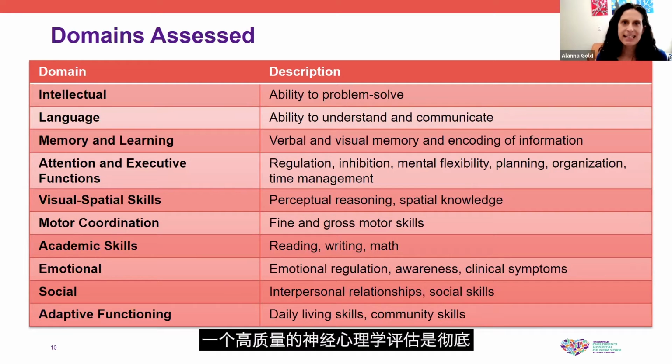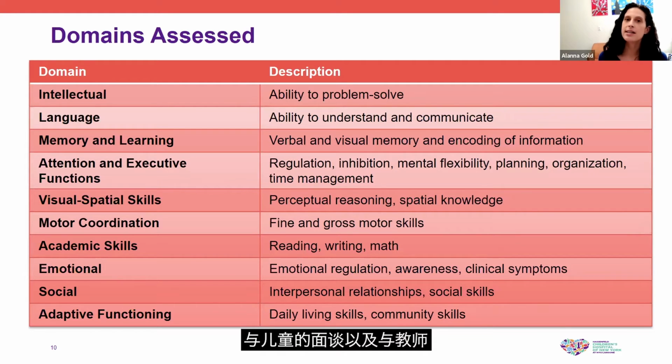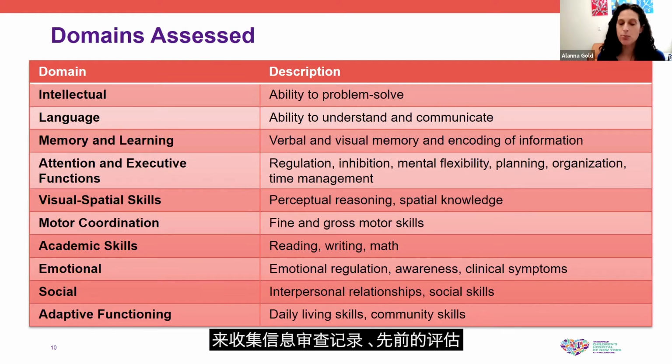A quality neuropsychological evaluation is thorough and comprehensive and should start with information gathering through an interview with parents, interview with a child, and collateral contact with teachers, treatment providers like therapists, speech language providers, psychiatrists, other outside providers like tutors, review of records like report cards, previous evaluations, or individualized education programs or IEPs, and sometimes a school observation might be necessary.